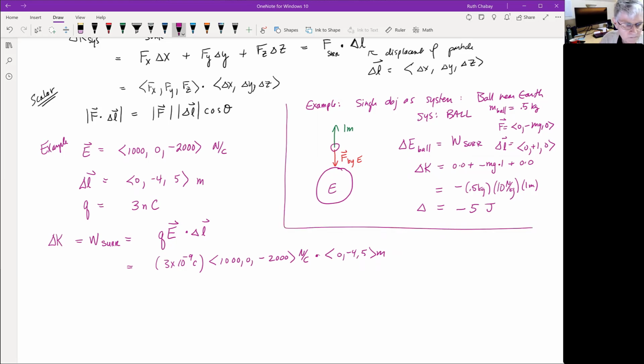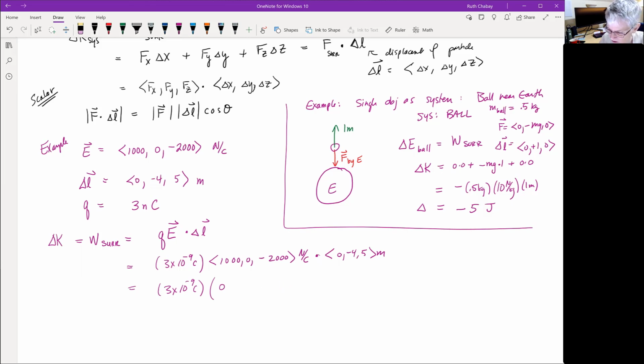And so we've got 3 times 10 to the negative 9 coulombs times what? Well, 1,000 times 0 is 0. And 0 times negative 4 is 0. And negative 2,000 times 5 is going to be a negative 10,000.